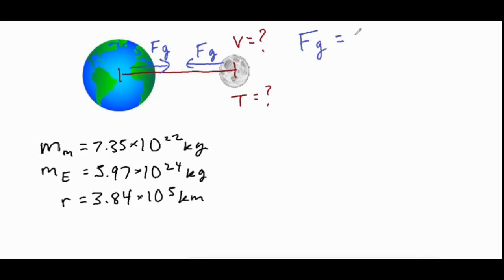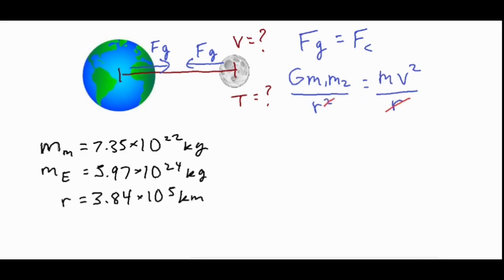So the force of gravity is equal to the centripetal force, and the force of gravity is G m1 m2 over r squared. And the centripetal force is m v squared over r. So one of the first things we can do is cancel out one of the r's.